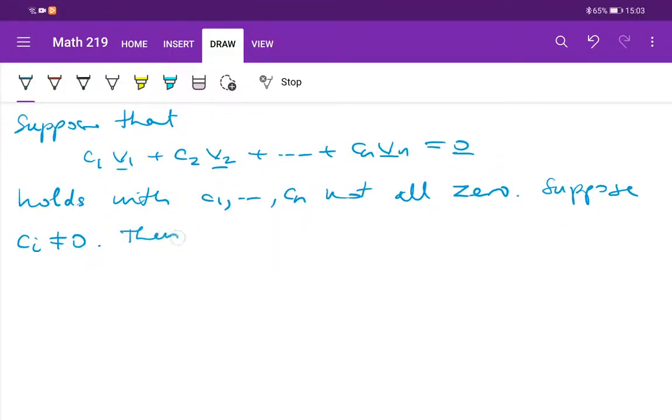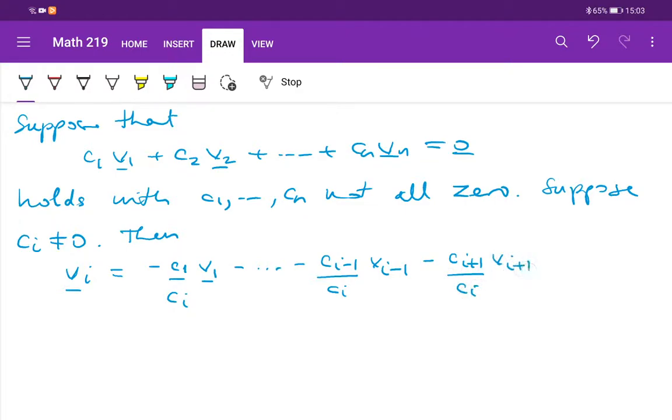Then vi is equal to minus c1 over ci v1, minus up to minus c(i-1) over ci v(i-1), minus c(i+1) over ci v(i+1), minus all the way up to cn over ci vn.